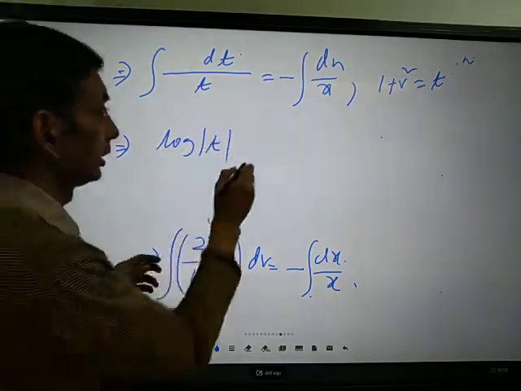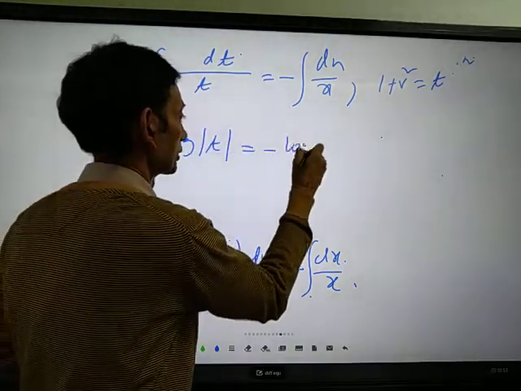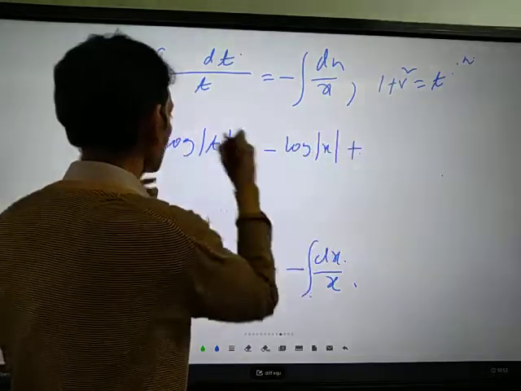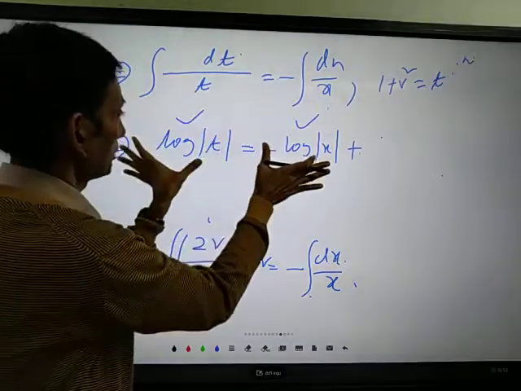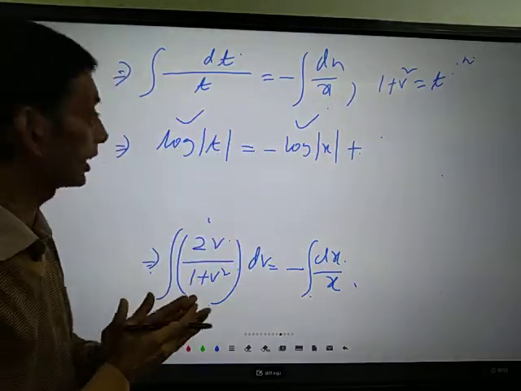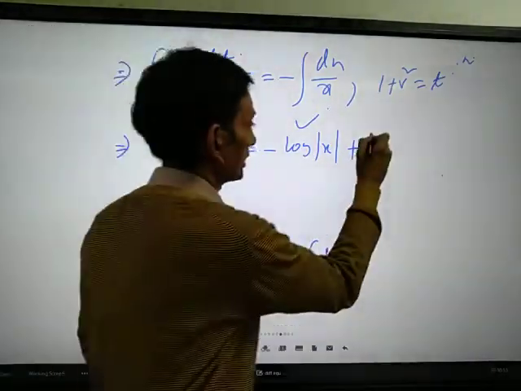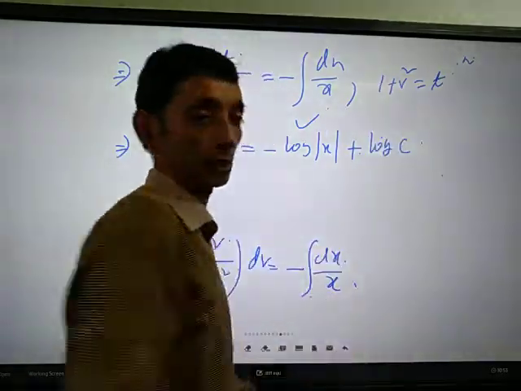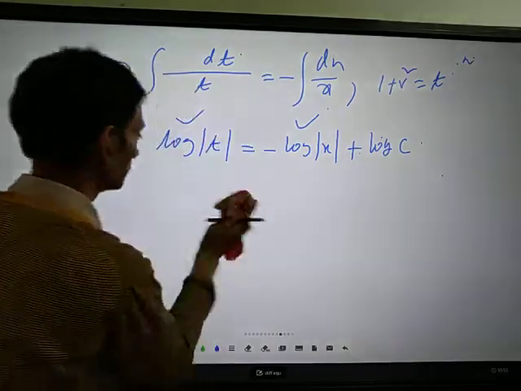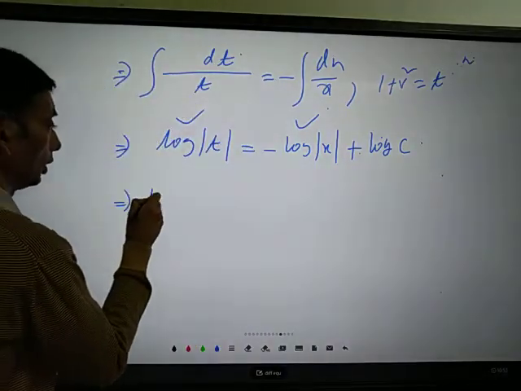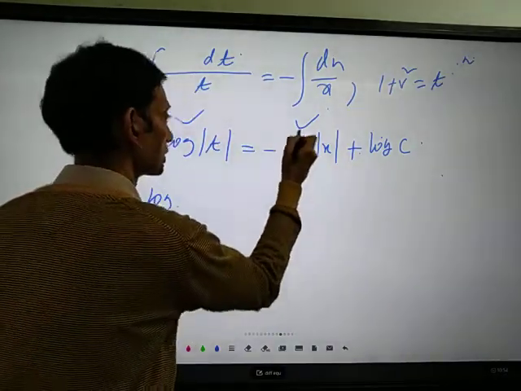Log mod t equals minus log x. Since these two terms give the integrations in terms of log, we'll take the constant also in terms of log, that is log c. Now we'll transpose this one.